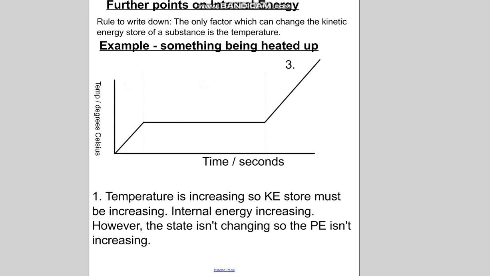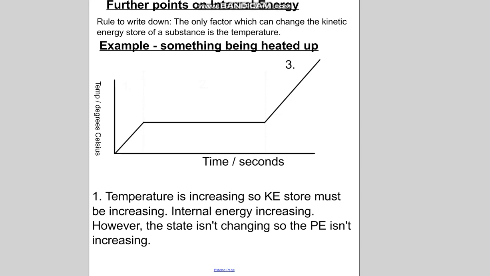Could be water in a beaker over a Bunsen burner, and see how the internal energy is affected by maybe changes in kinetic energy of the particles in the substance, maybe changes in the potential energy of the particles in the substance over the heating up period, and this could include a change of state. So in front of you on this slide you can see a graph of temperature against time for the substance being heated up.